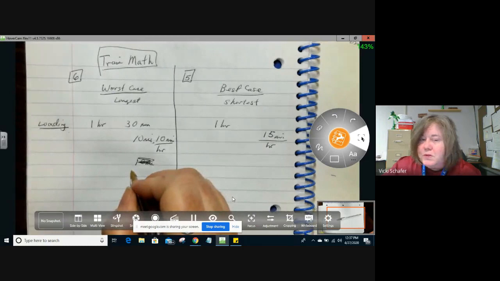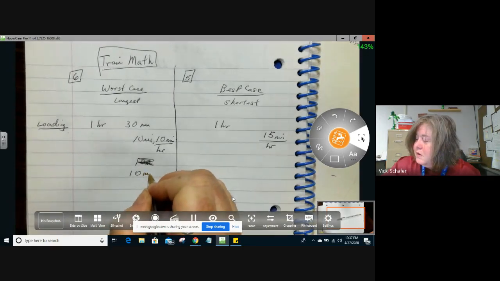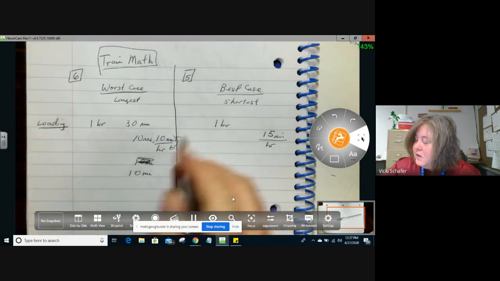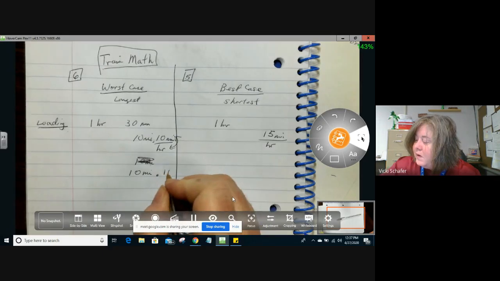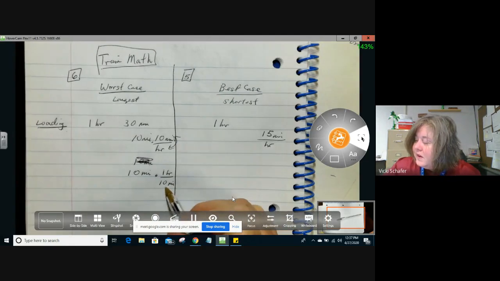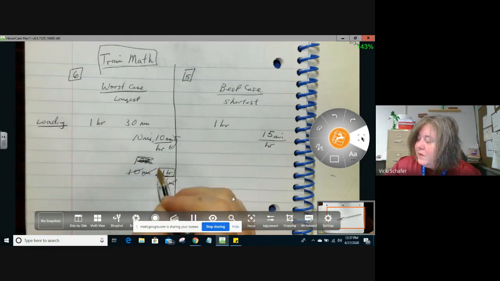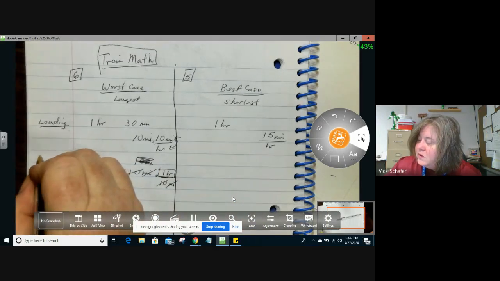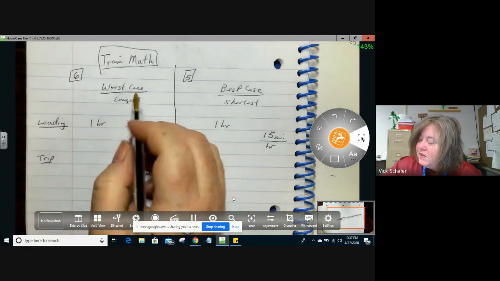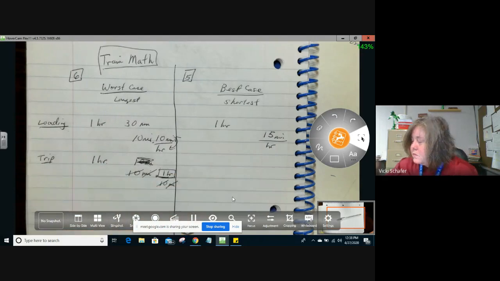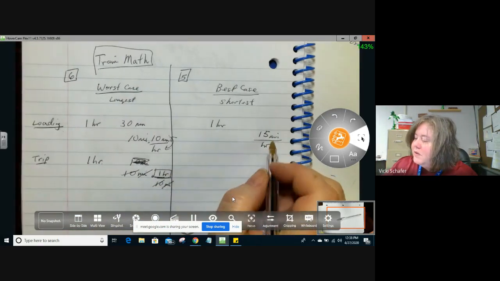So what we want to do is we want to take our 10 miles and flip this ratio so that we have in 1 hour, we go 10 miles. That way, our units will cancel out, our numbers will cancel out, and we know that our transit is going to take 1 hour exactly. So the trip in the worst case scenario takes 1 hour.